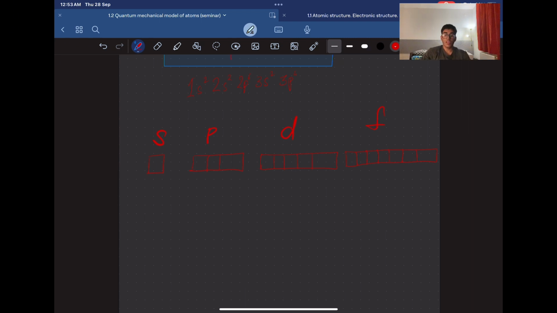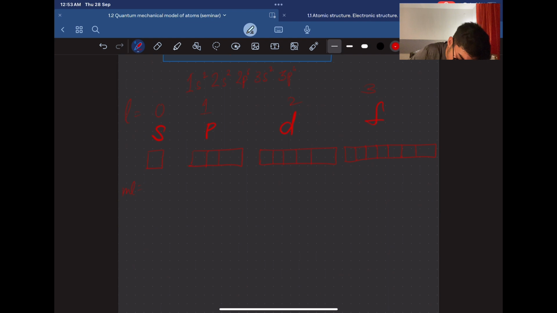Okay, so now that we know this, I'm going to tell you why. Because we know that the L value is equal to 0, 1, 2, 3. If you know L, we can also write the values of ML. For s, ML is going to be just 0 because the value of L is 0. And the value of ML goes from minus L to plus L. For p, L is 1, so ML is minus 1, 0, and 1.